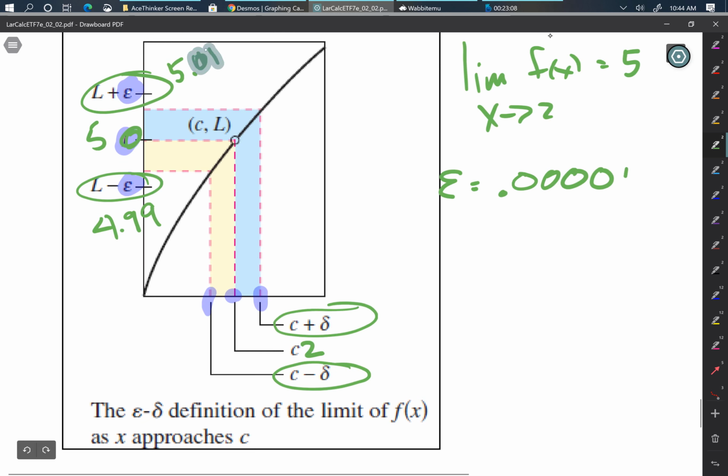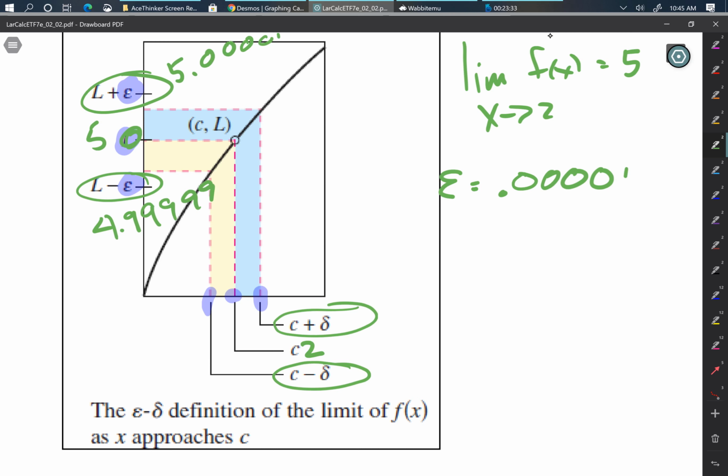So then I should be able to find a value, 5.00001, right? 4 zeros, yeah, and 4.99999. That means I should be able to find a value for delta, that if I stay between 2 plus delta and 2 minus delta on that function, I will be closer to 5 than 0.00001.